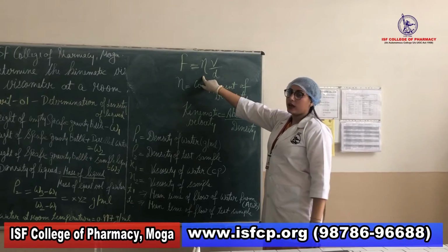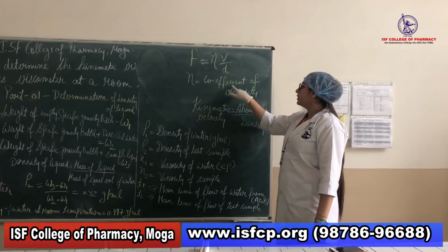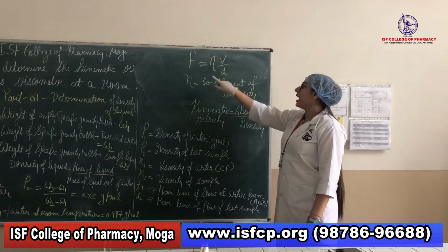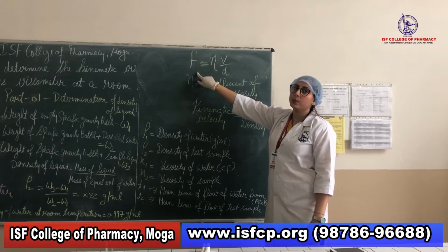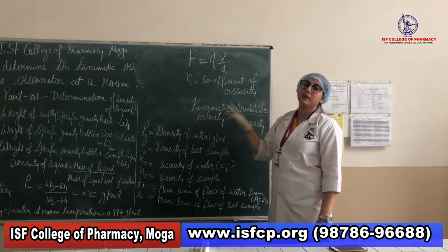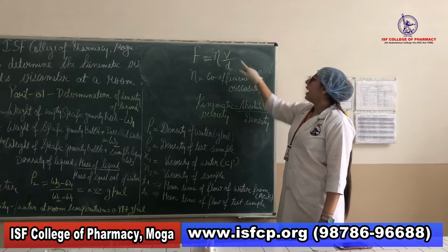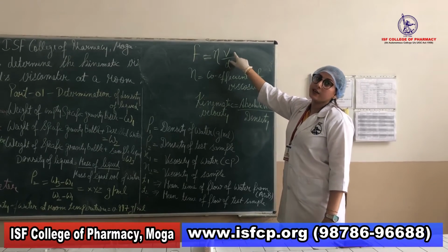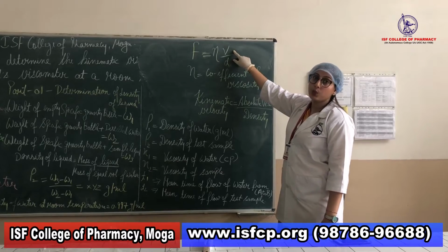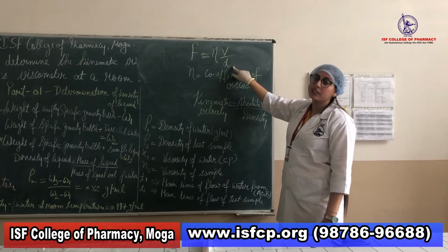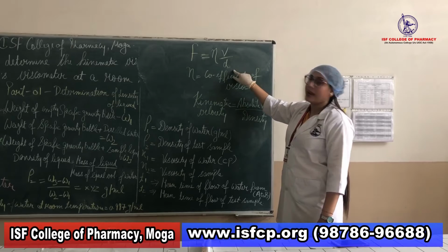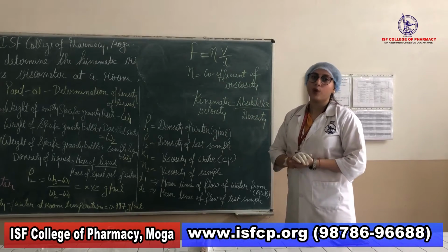This is the formula to calculate the coefficient of viscosity, where F is the force required to maintain the velocity difference between two layers, eta is the coefficient of viscosity, V is the velocity maintained between two layers, and d is the distance between the two layers when the fluid is in flow.